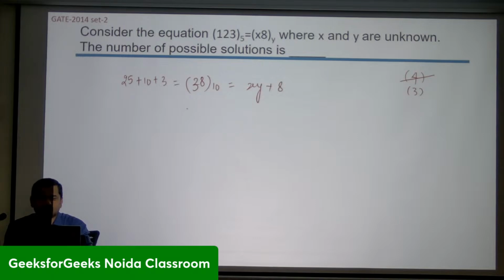All right, so this is 38 is equal to xy plus 8, and xy is equal to 30. Now x should be less than y, and y could be anything. Y could be greater than 8.